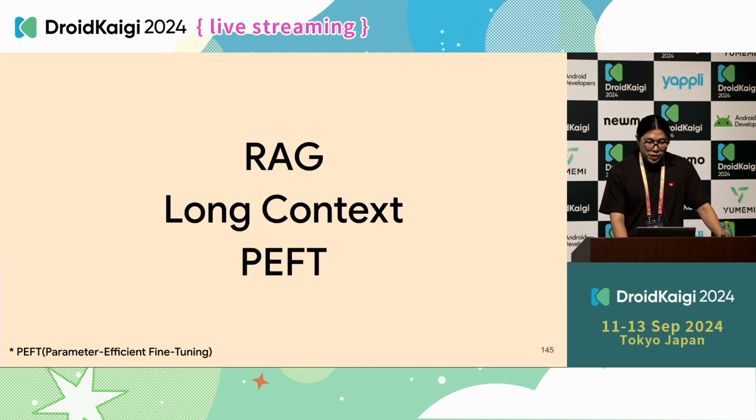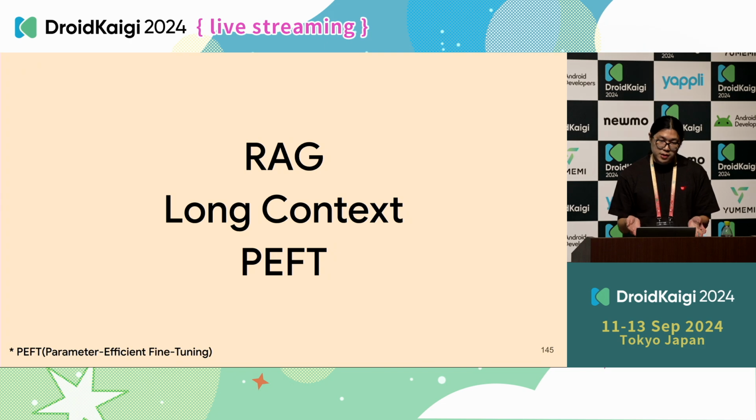Recently, the context window of large language models has been increasing. For example, Gemini has an input size of over 2 million tokens and is capable of summarizing entire books in a prompt. As a result, there has been a lot of research comparing long context models and RAG techniques and PEFT fine-tuning.